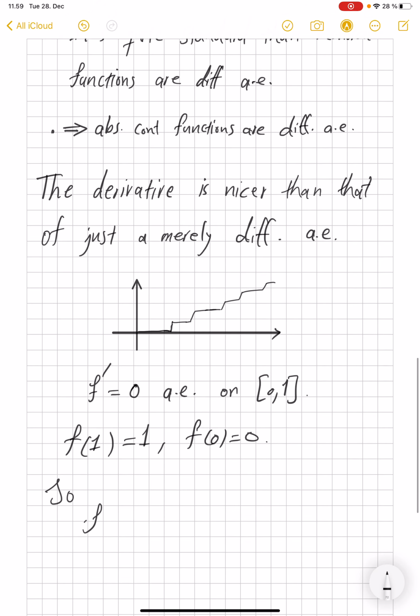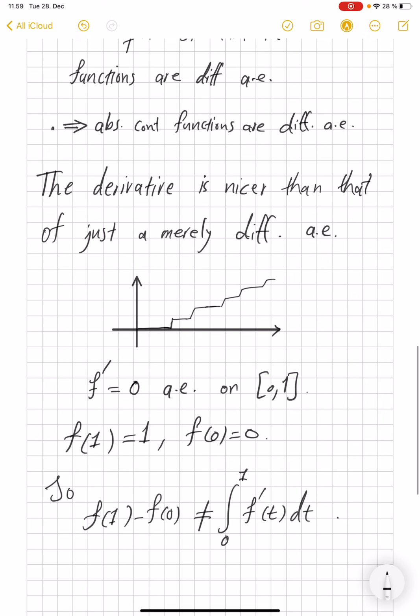So f(1) minus f(0), which is equal to 1, is not equal to the integral of the derivative from 0 to 1. That means the fundamental theorem of calculus does not hold for this particular function.